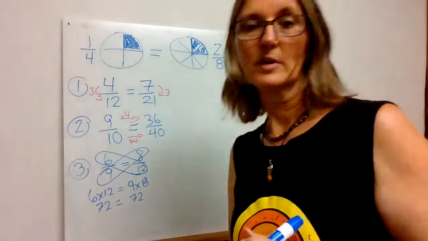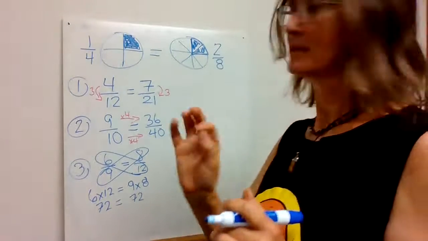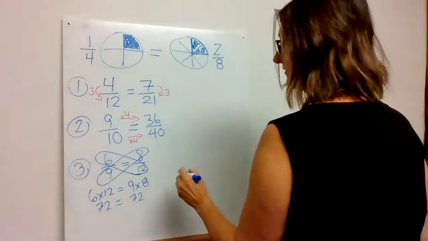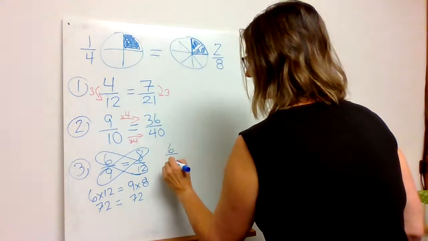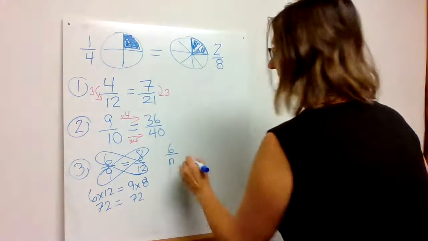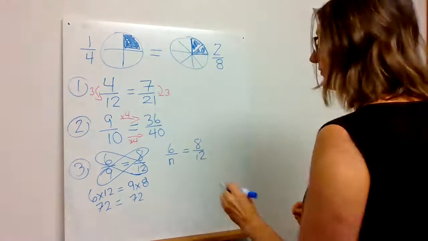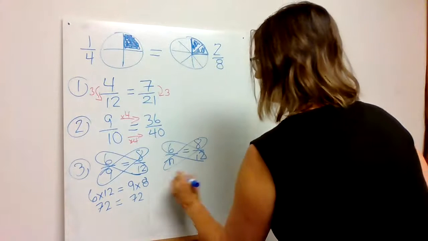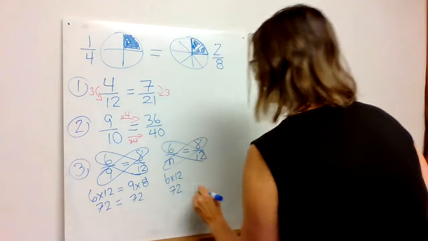So I'm going to remind you that now all you need to do is solve. So if one of these were missing, let's see if we can figure this one out. Let's say I have 6 over some number, I'm not really sure what it is, equals 8 over 12. If we cross multiply, then we can see, 6 times 12, that equals 72.